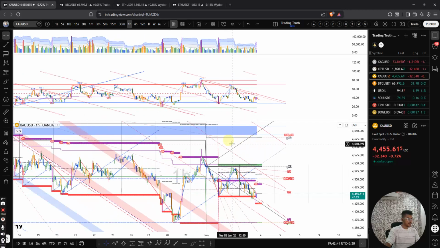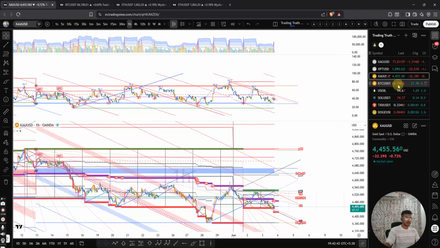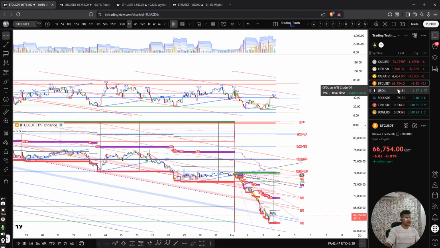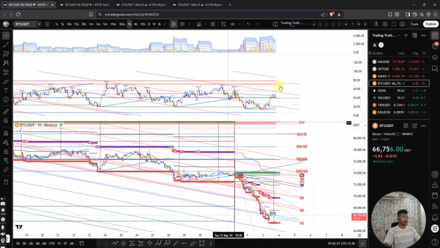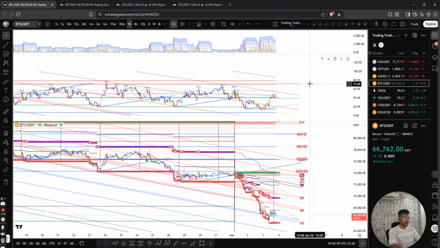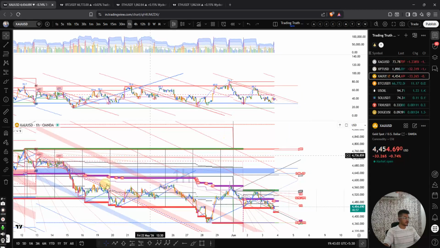How's my gold trade going on? Oh, we don't have a trade on gold. Oh, did our stop loss get hit? Looks like it did. Now hang on. I think I did want to take a trade, right?